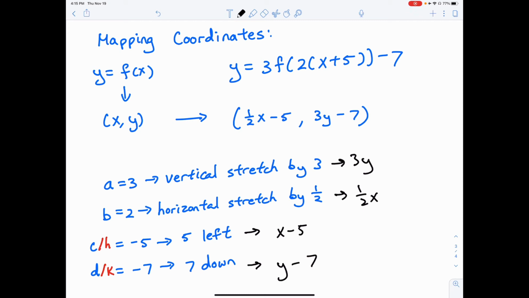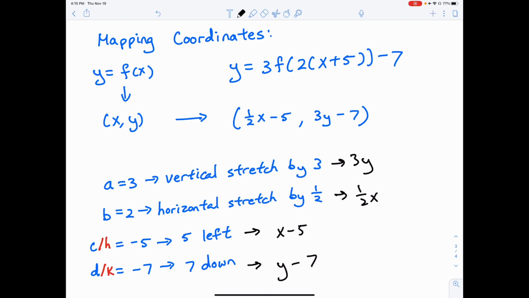So again, we have our A, B, C, D, as we've mentioned before, but now we can turn them into algebraic equivalencies. For example, A here was equal to 3, and that meant a vertical stretch by 3. So normally that means your y value gets tripled, and that's why we have it equaling 3y. The b is equaling 2, that again was the horizontal stretch by 1/2.